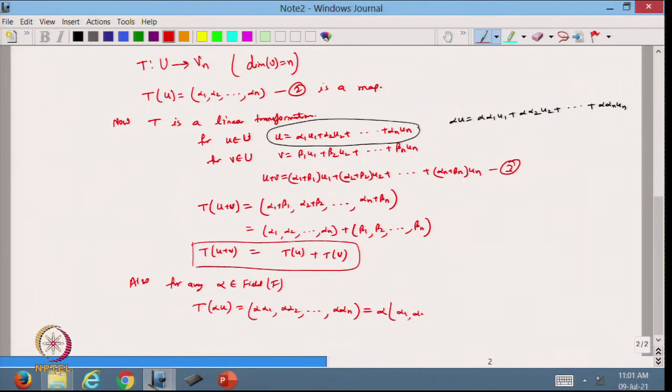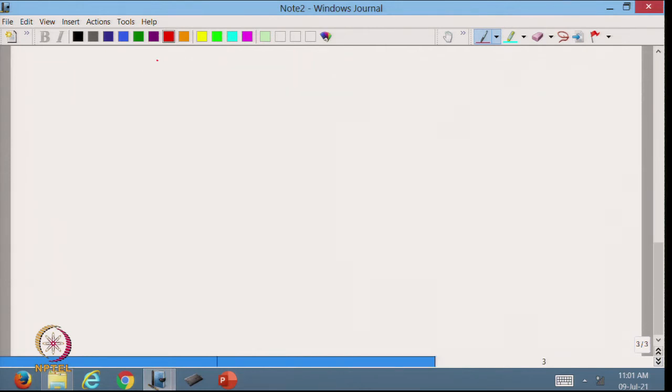So, alpha times alpha 1, alpha 2, alpha n, and from here I can say that this is equal to alpha T of u. So, from these two properties we can say that my T is a linear transformation.